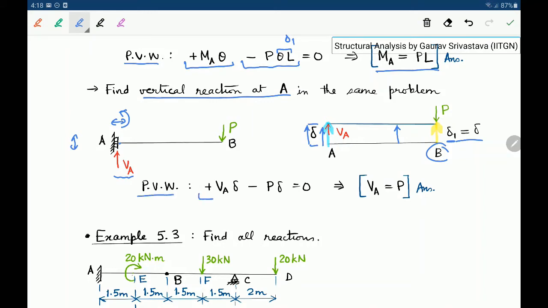So the work done by the reaction at A is positive because delta and VA are in the same direction, and work done at point B is negative because P is acting downwards, delta 1 is acting upwards. So again delta gets cancelled out, and what we get is VA is equal to P as the answer.